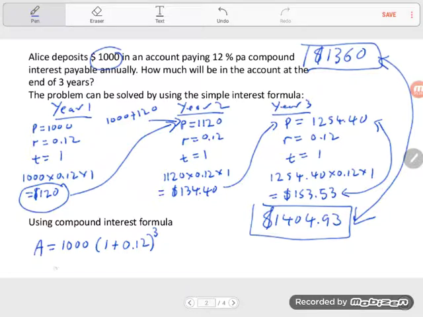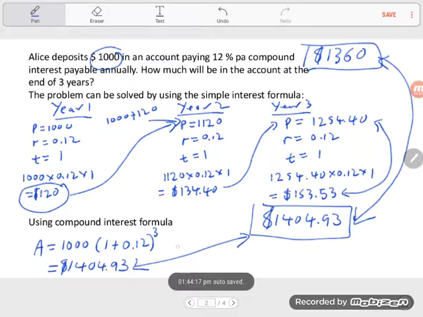So if you put that into the calculator correctly, you should get the same as what we got doing it the simple interest way. So make sure you check that. So we can do this compound interest calculation. Instead of doing 3 separate simple interest calculations, we just do one calculation.